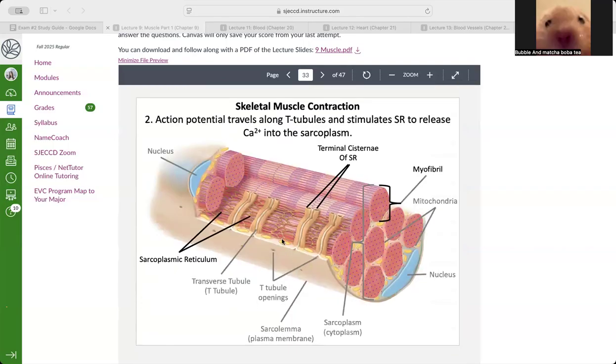And from there, with the T tubules, because you already got the acetylcholine going there, the action potential travels along the T tubules and stimulates the sarcoplasmic reticulum to release calcium. Calcium is stored in these guys.